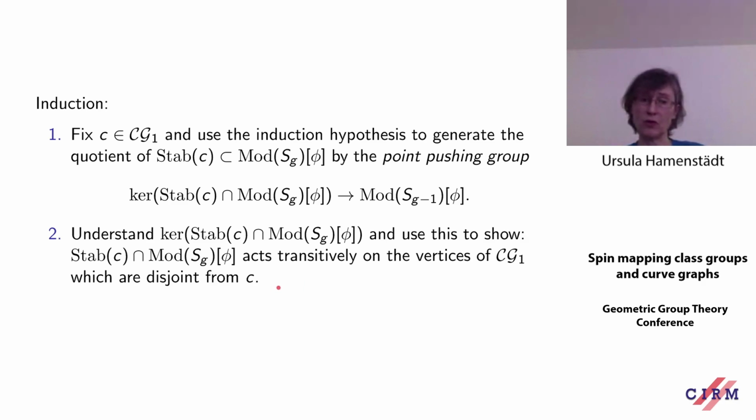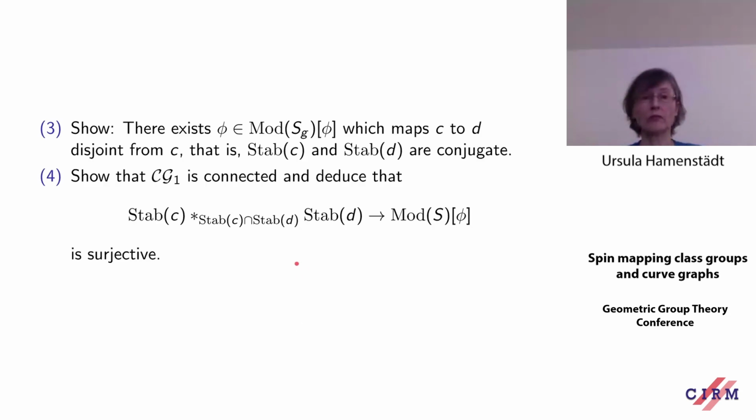If we do this, then we use it to show that the stabilizer of the curve C in the spin mapping class group acts transitively on the vertices of this enhanced curve graph, the subgraph of the curve graph with prescribed spin value, which are disjoint from C. So the stabilizer of C intersected with the spin mapping class group clearly acts on the vertices of the curve graph of all curves with spin value 1 which are disjoint from C, and now we want to show that this action is transitive.